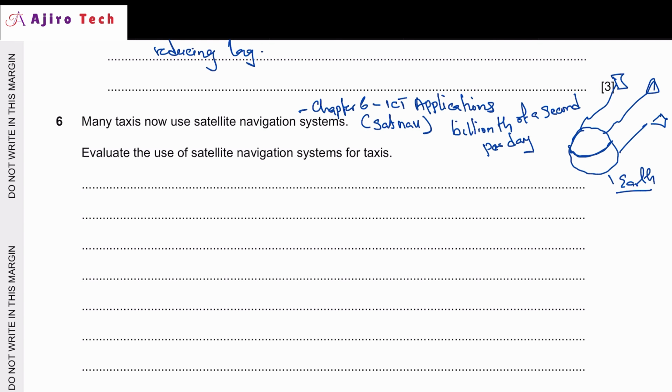The computer on board the transport calculates the exact position based on the information from at least 3 satellites.